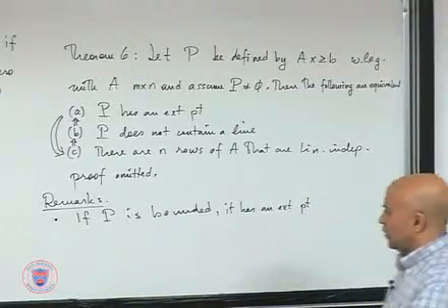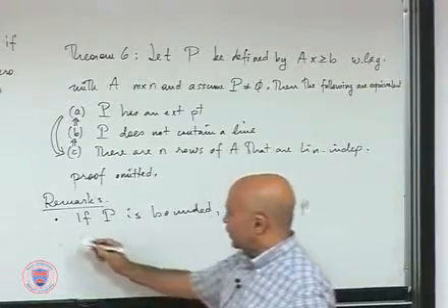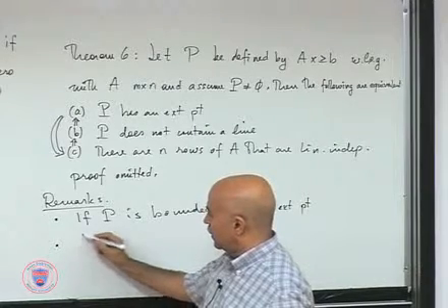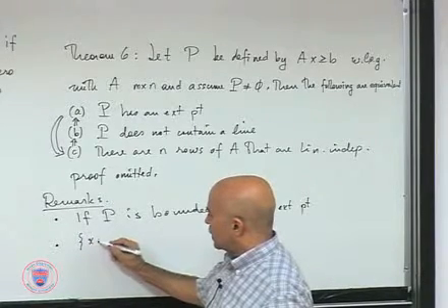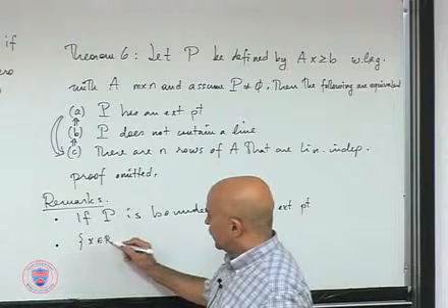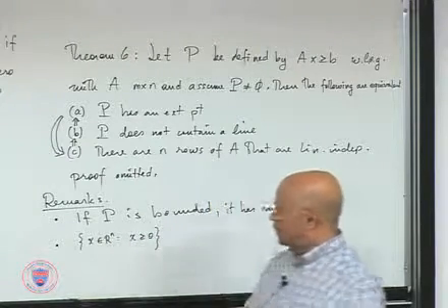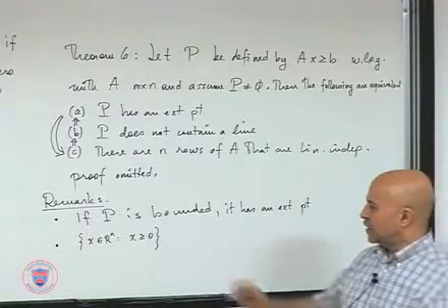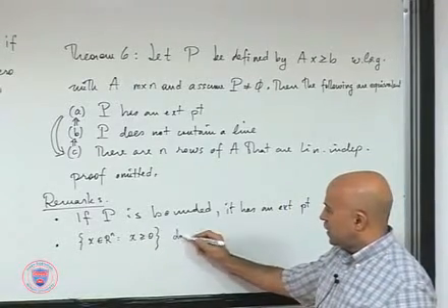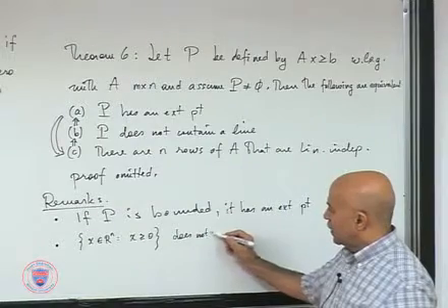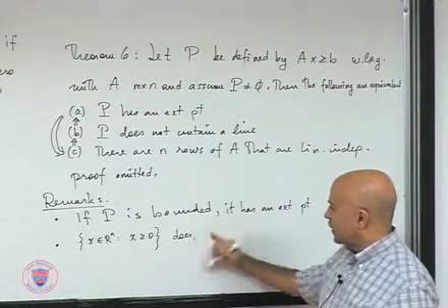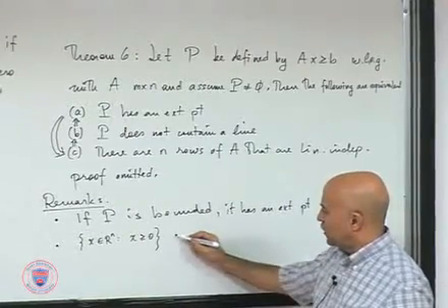Okay? So, whenever a polyhedral set is bounded, it cannot contain a line. What about the set consisting of non-negative vectors? This set does not have an extreme point because it contains a line.